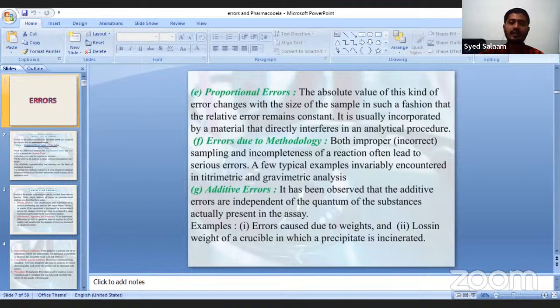A few typical examples are encountered in titrimetric and gravimetric analysis. In that also, a minor change, like not using distilled water while performing titrimetric analysis or these analytical techniques, would give you variable results, because impure water might have a lot of metals and salts dissolved in it, which could give you different results.